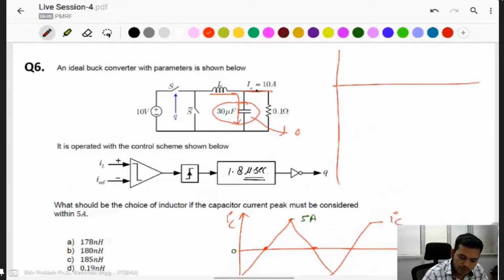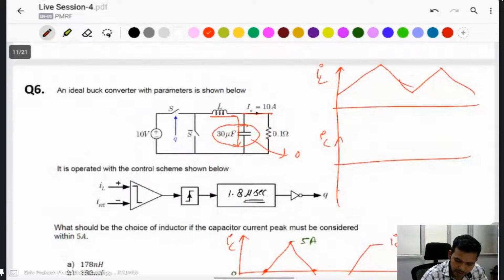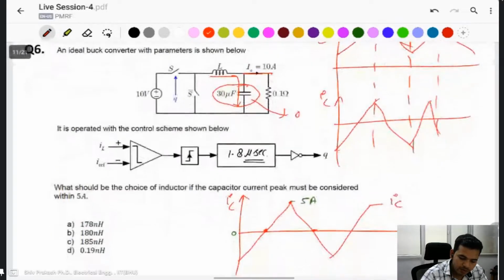If you take the inductor current, then the same flows in the capacitor also, but its average is 0 in the capacitor current, because you see here IL is equal to IC plus I naught.